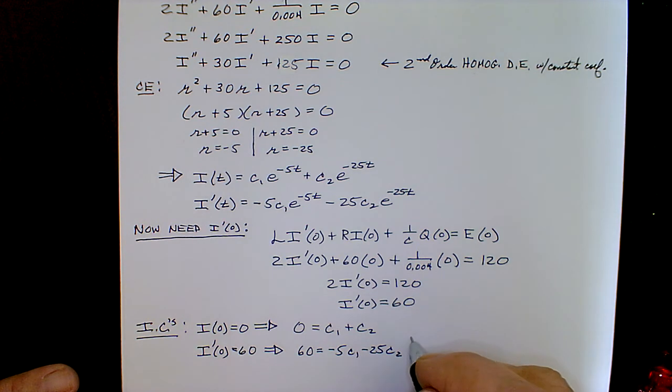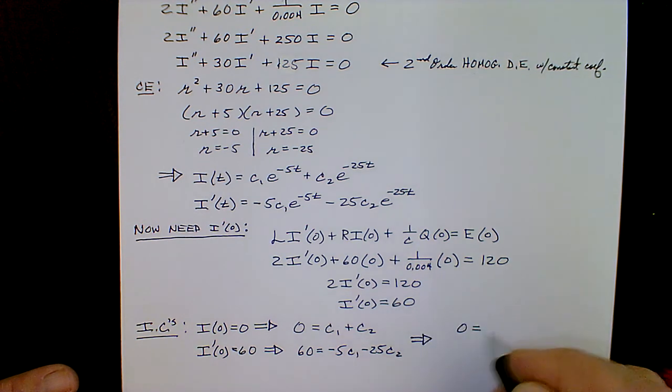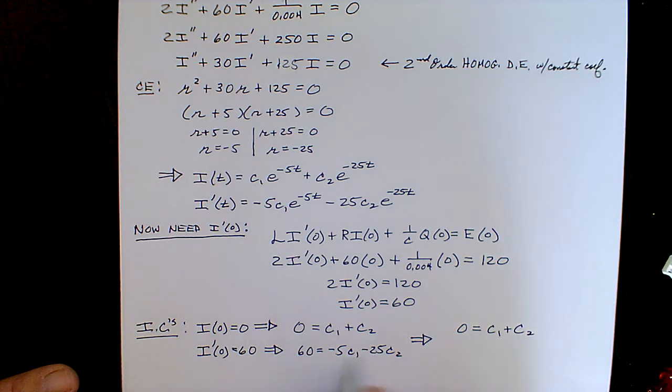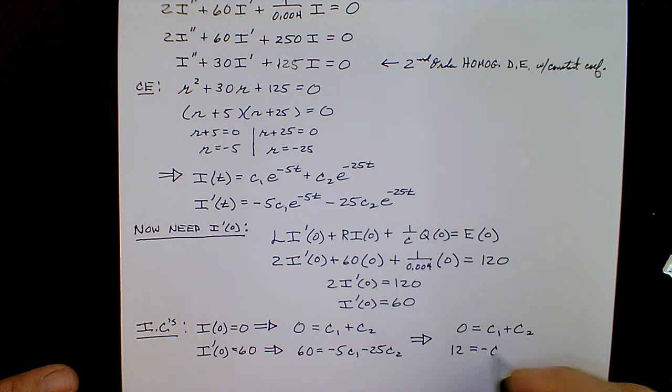Solve it any way you like. I think it'd be easiest to, let me recopy, 0 equals C1 plus C2. Maybe divide this one by 5. We get 12 equals minus C1 minus 5C2. Then I could just add the two equations and the C1s are gone.